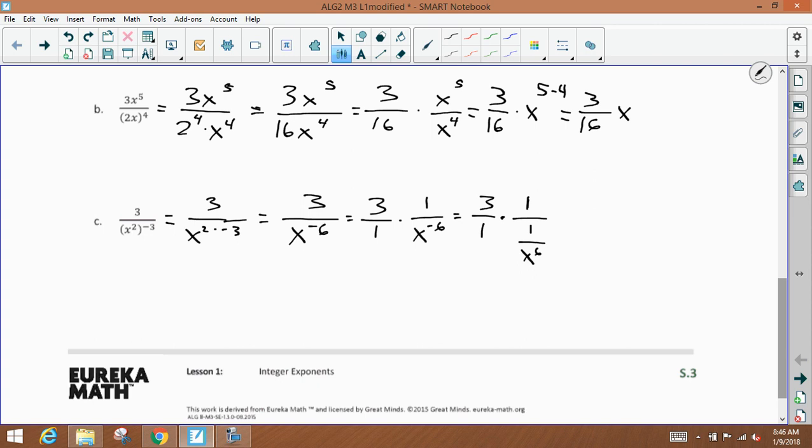So check it out. This is this. That's all I did. Okay? All right. So now I have to flip and multiply, right? This says 1, this says 1 divided by 1 over x to the 6, right? So 1 over x to the 6.